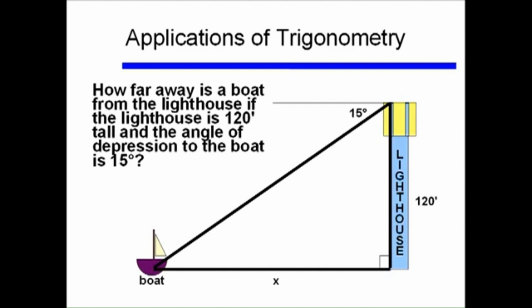Well, the trouble is that 15 degrees isn't in our right triangle, except we've now learned about complementary angles. If I know that the angle of depression is 15 degrees, then that angle inside my triangle has to be 90 degrees minus 15 degrees, or 75 degrees.